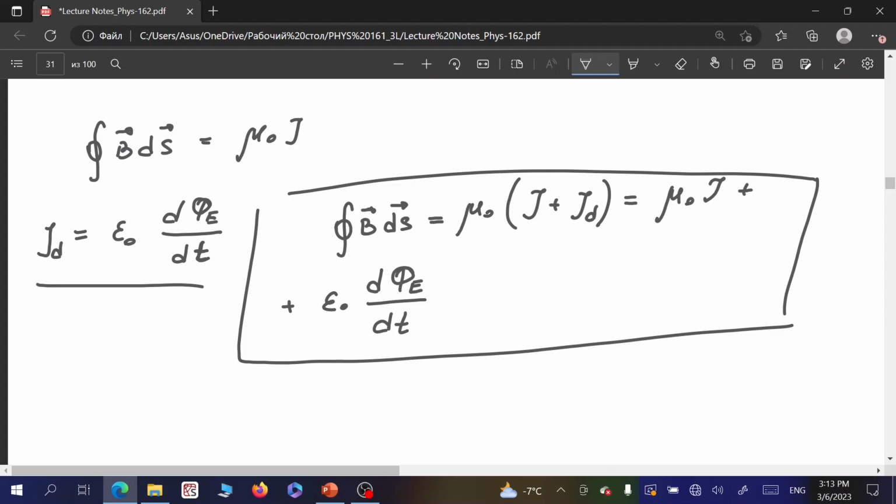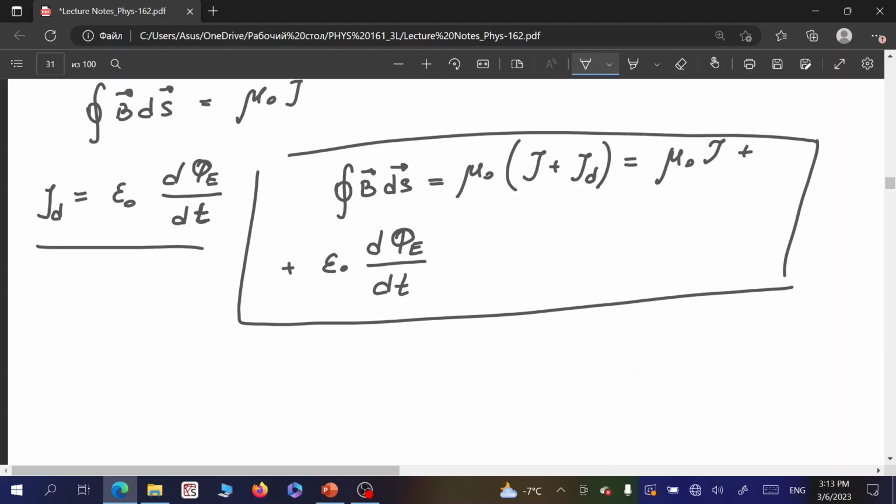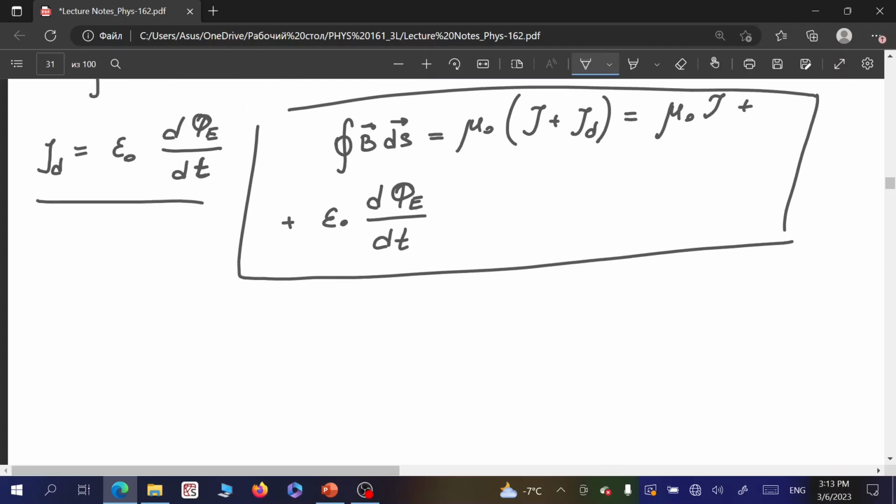So how can it actually be processed? We consider a capacitor attached to some conductor, and here we have some current I, conductivity current in the conductor.